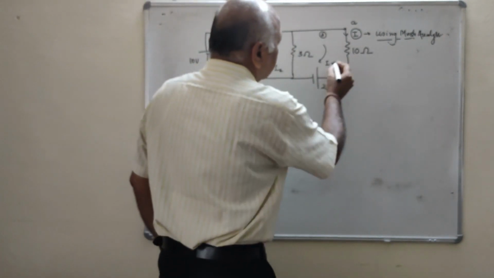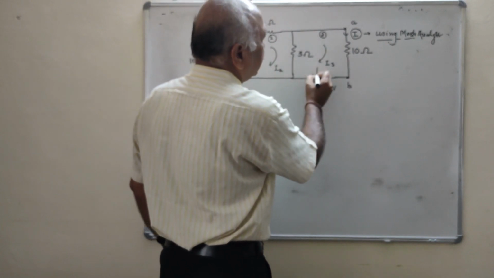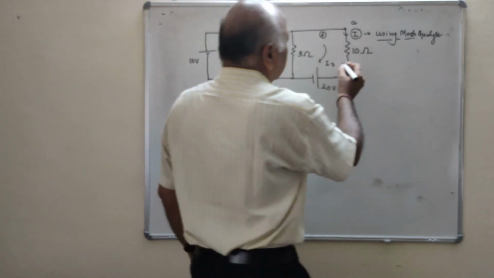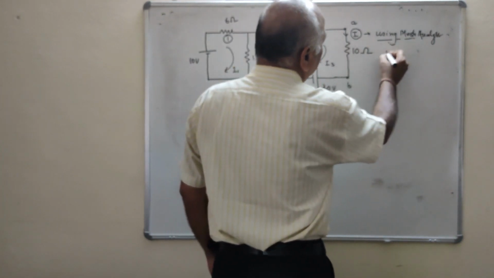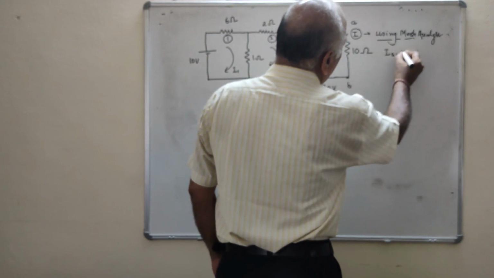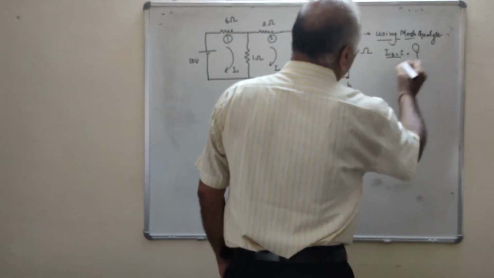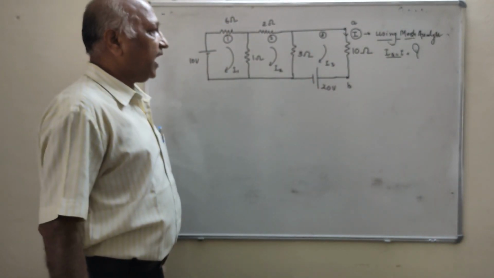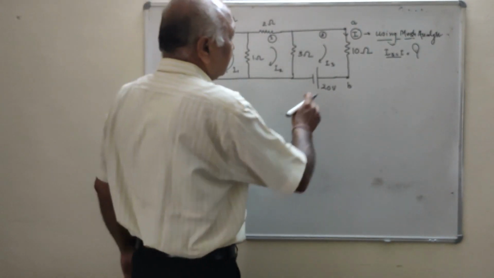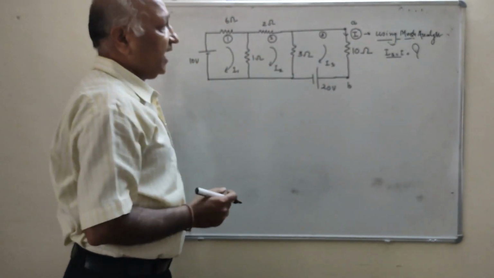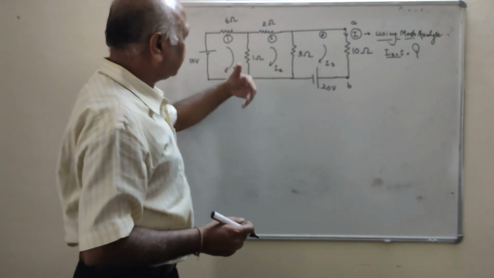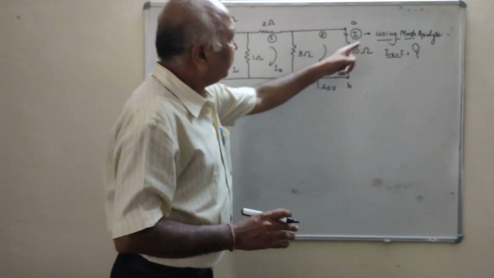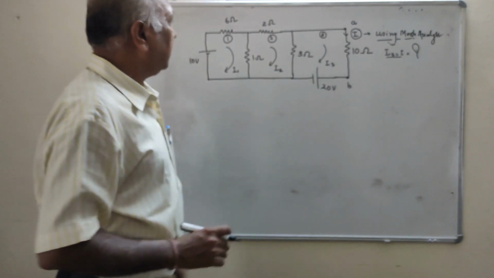Now we have to find the current I. When we calculate I3, it will be equal to I. That means we have to find the value of I3, then we will get the value of I. We are starting from the I1, I2 mesh currents, then taking I3, then we will put I equal to I3.